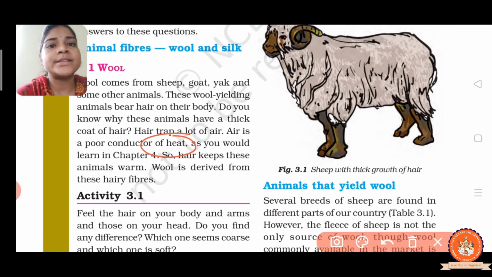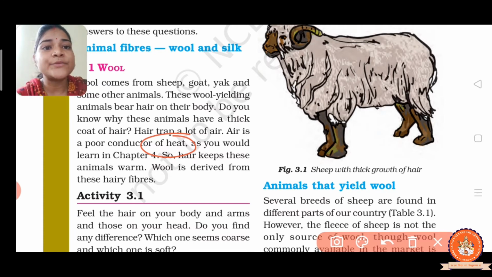Now the same reason explains why we wear wool in the winter season and cotton in the summer season. See, wool is a fiber that we obtain from animals, right? And wool traps the air.